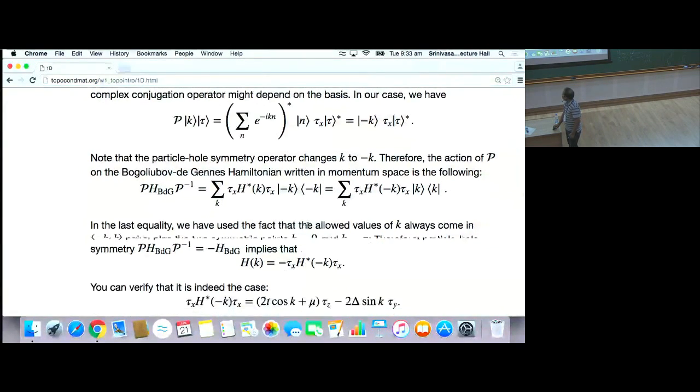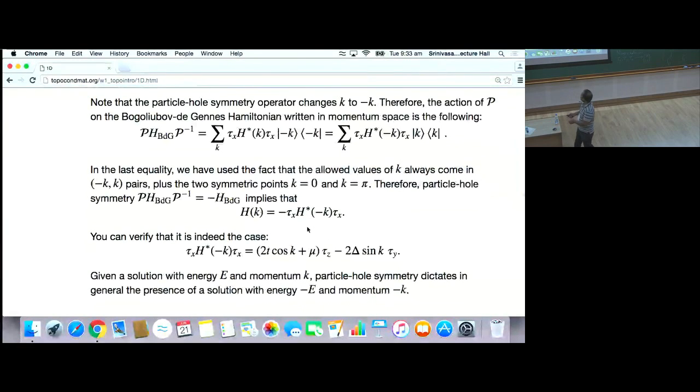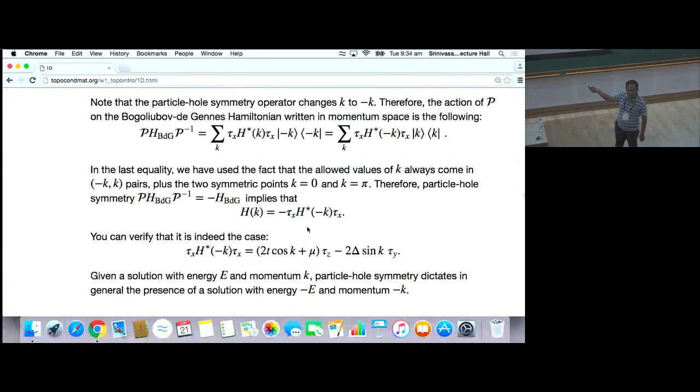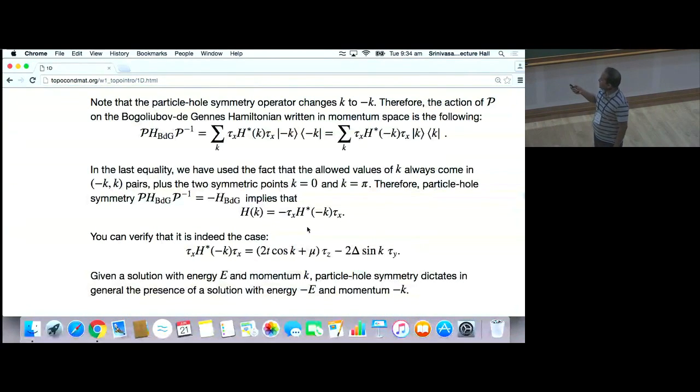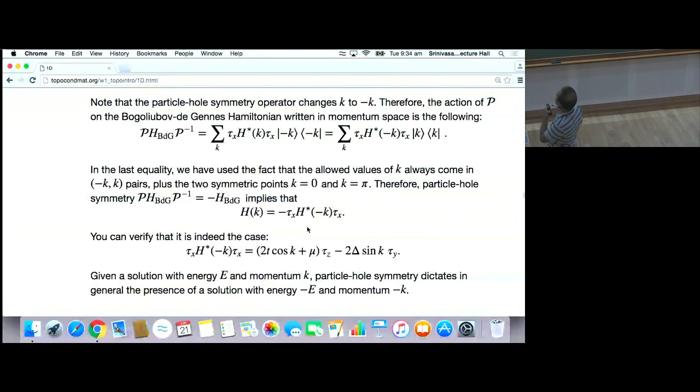So this was a general argument, and you can actually take the h of k that we calculated and explicitly check that this is satisfied. The important thing is that not each k by itself is particle-hole symmetric. It's only k's that are special, such that they turn to themselves, which are k equals 0 and k equals pi.